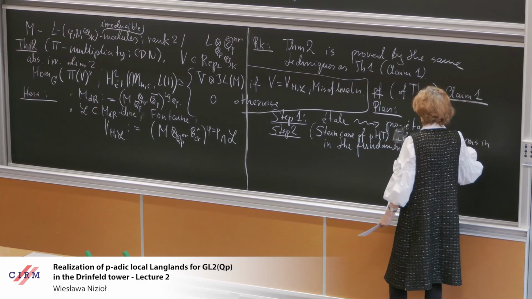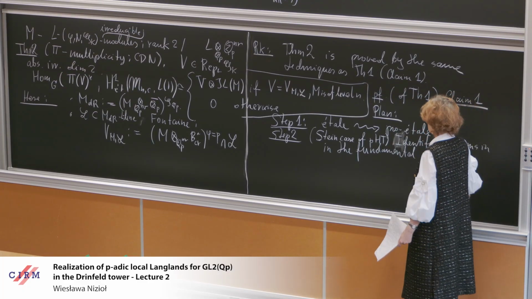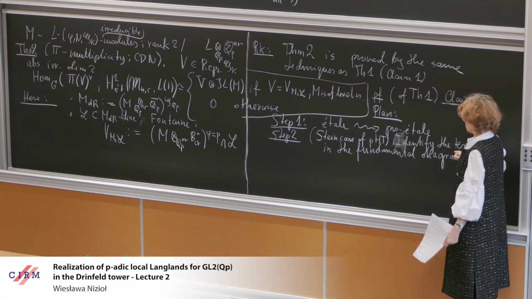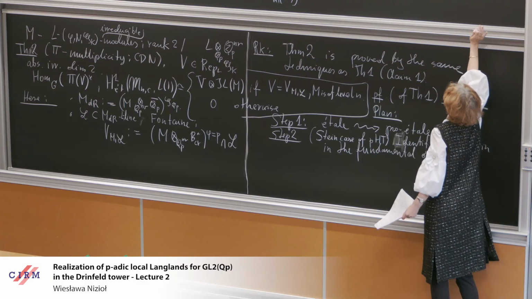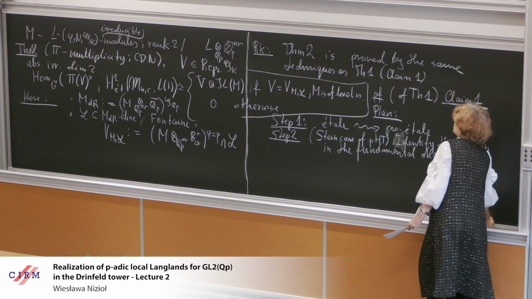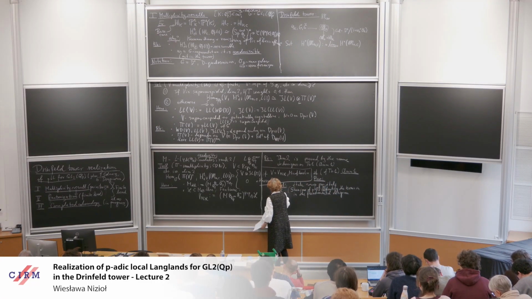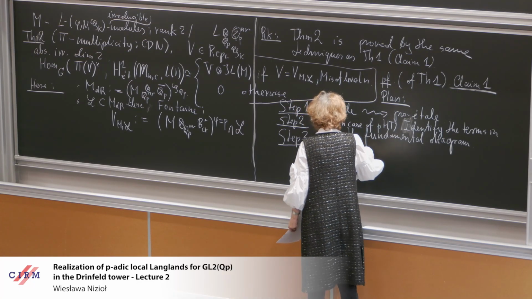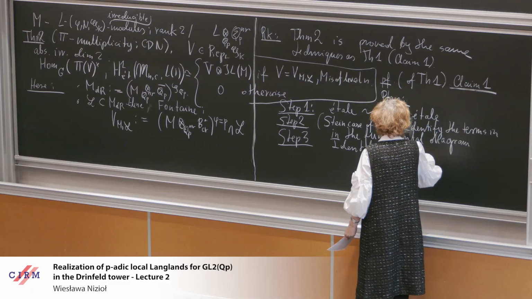And when I'm saying that we understand things better now, it is this step that we understand better, because we understand cohomological theories better, p-adic cohomology better, so we can simplify that part. And then in the third step, identify the Breuil-Strauss diagram.